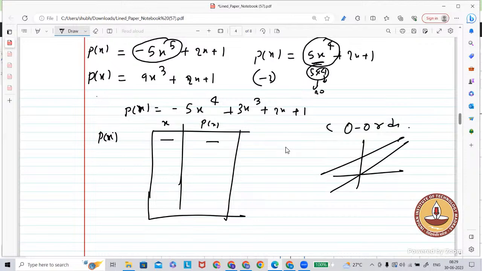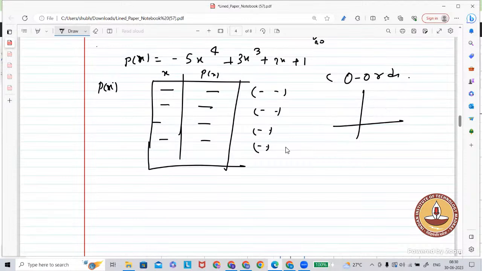Giving input, getting output. Using that, you will form a point. That's all. And these points can be noted here.